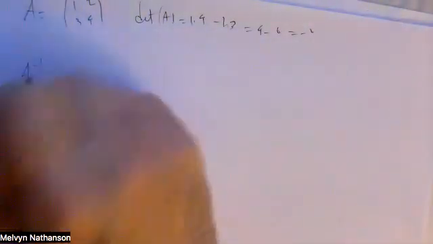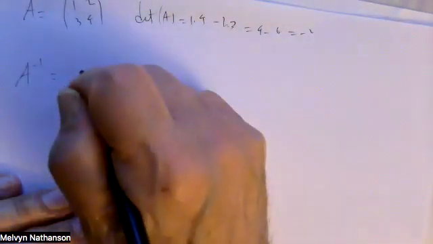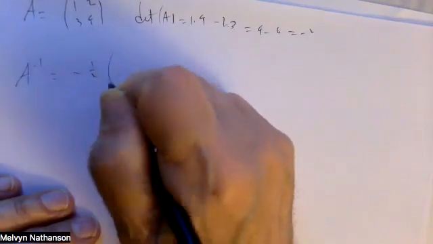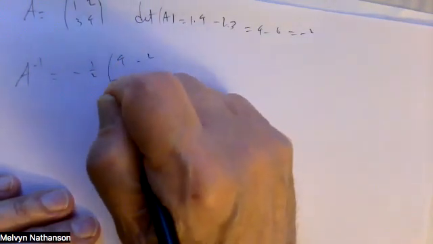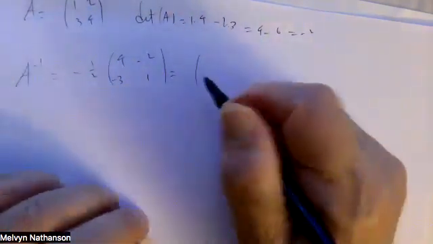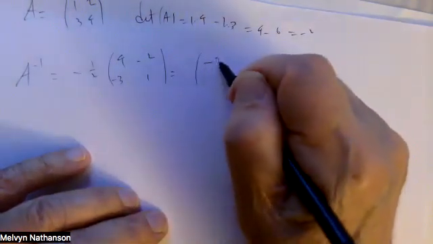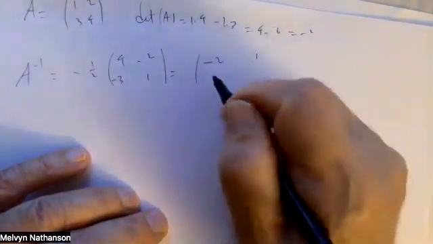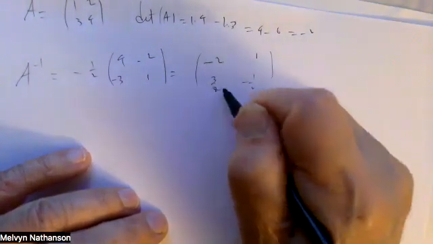So I can define A inverse to be the reciprocal of the determinant, 1 over minus 2, or minus a half, times the matrix [4, minus 2; minus 3, 1]. So if I do my scalar multiplication, this is [minus 2, 1; 3 halves, minus a half].